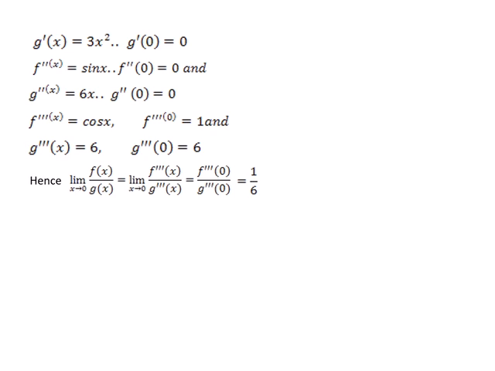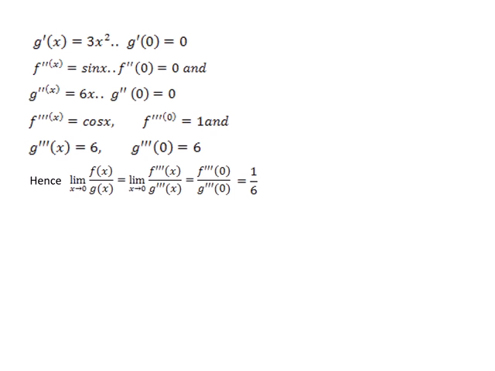Since g double prime of s is 6s, differentiating it gives 6. Since it is constant, we have f triple prime of 0 equal to 1 and g triple prime of 0 equal to 6.